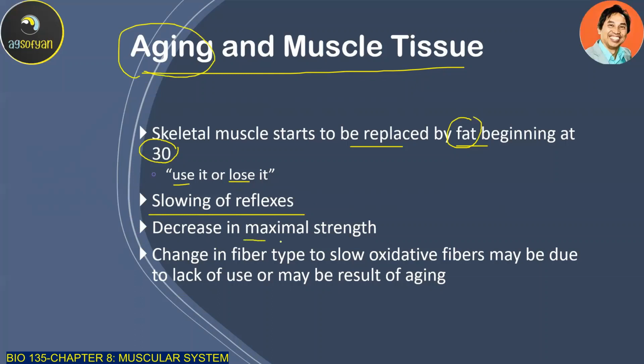Also the strength decreases and the fiber type changes from fast to slow oxidative fiber. Okay, so from fast, like chicken, the white meat. And when we get older, many of our muscle cells change into slow oxidative type of muscle tissue, or red meat.